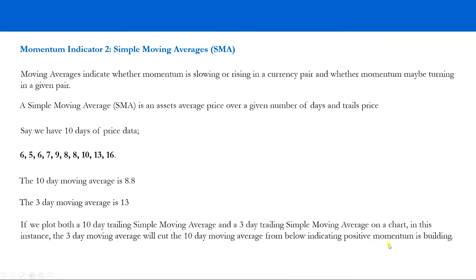So we're going to move on to our next momentum indicator, number 2. We're going to look at simple moving averages. And here, many of you might want to look additionally at exponential moving averages. That's totally fine. The same theory applies. It's just how we treat momentum indicators and how we treat moving averages.